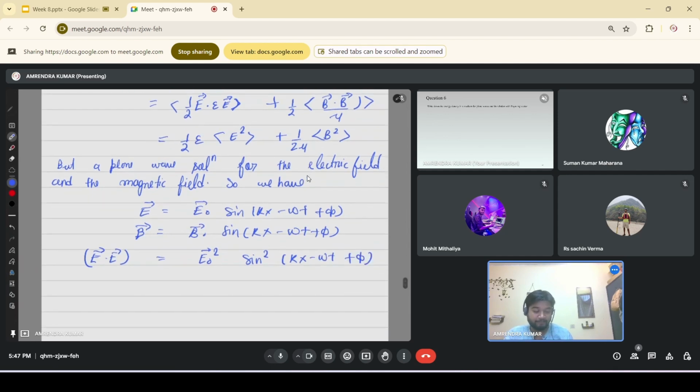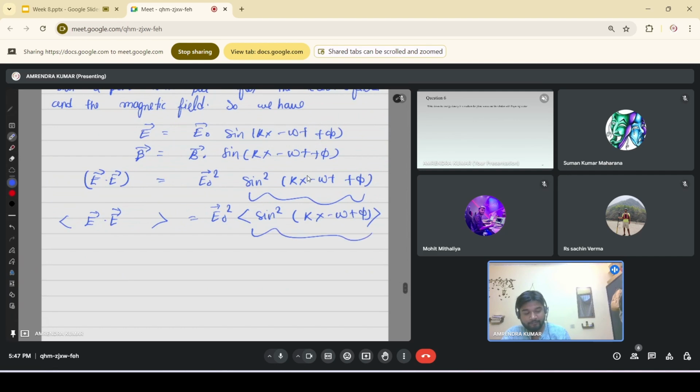But we can see that this is a periodic function, and if we take the average on both sides, E naught square is a constant, so the average of sine square plus phi can be written as 1 by 2, because the average of this square is 1 by 2 inside a periodic thing.